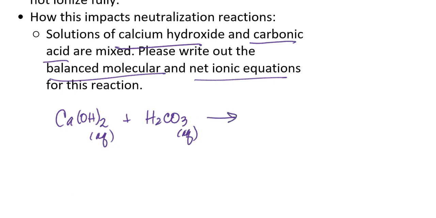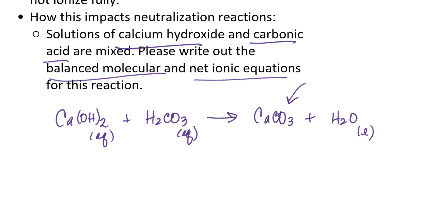Now, I have to think about what the products would be. Well, I'm going to exchange the anionic and cationic components of each of these reactants, and I'm going to get calcium carbonate and water. Okay? Once again, water would be a liquid.